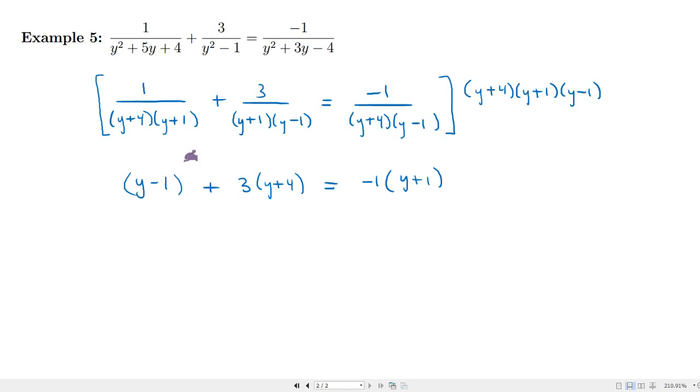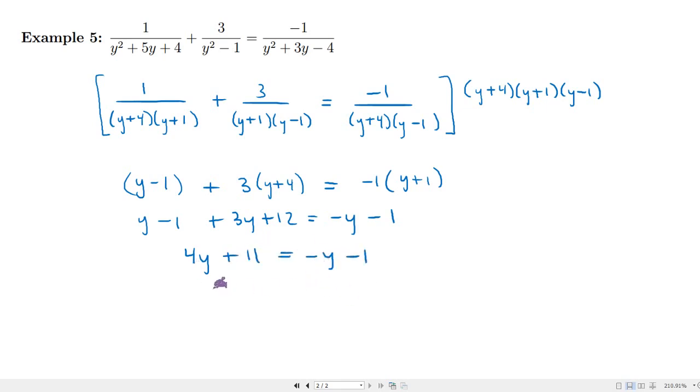Okay, and then now let's try to solve this. So we have y minus 1 plus 3y plus 12 equals negative y minus 1. Okay, so combining similar terms, we have 4y and then plus 11 equals negative y minus 1.